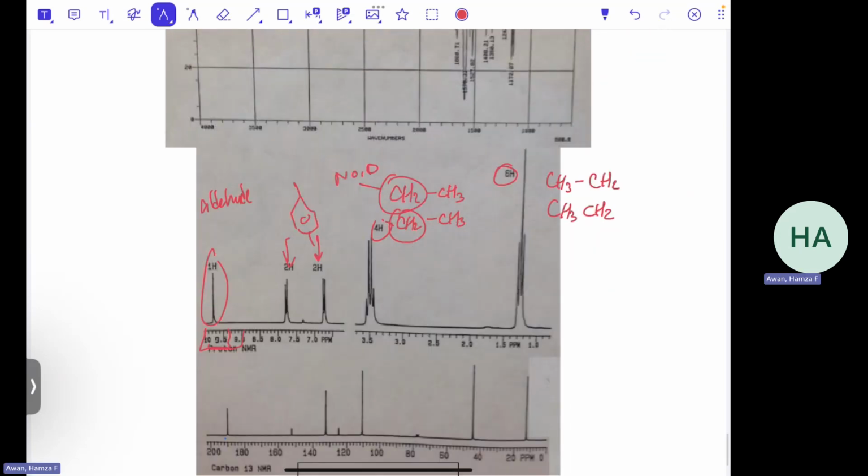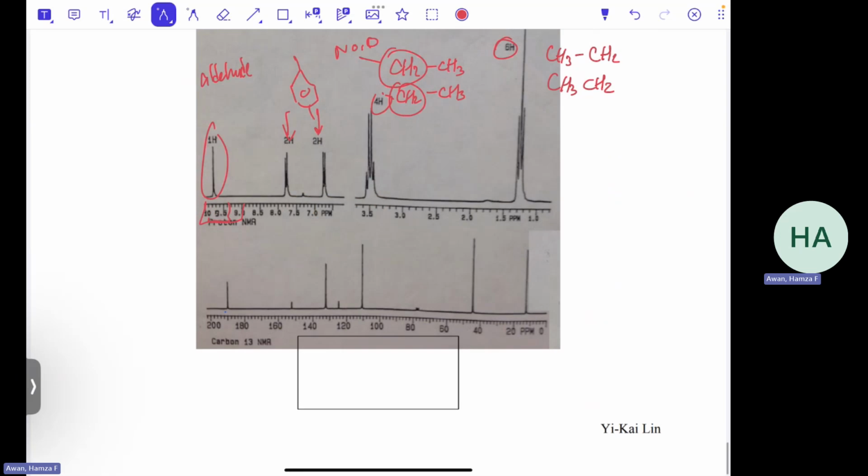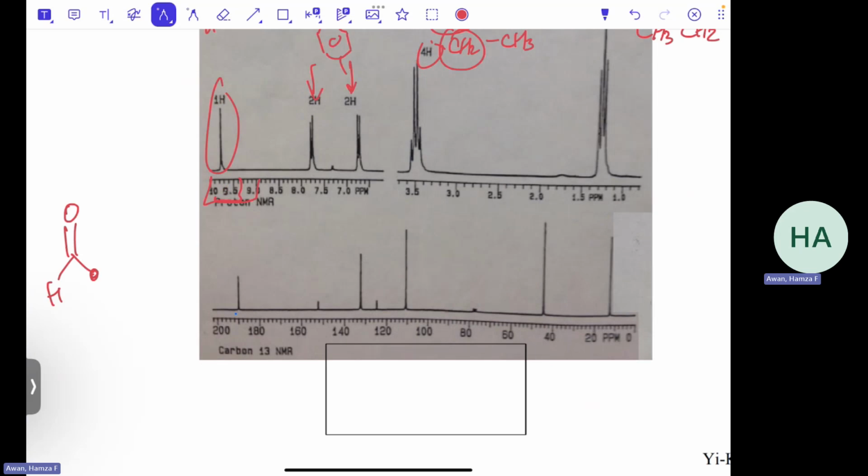We know that all of our oxygen is accounted for. So our oxygen is going to look something like this, with hydrogen and probably no carbons.